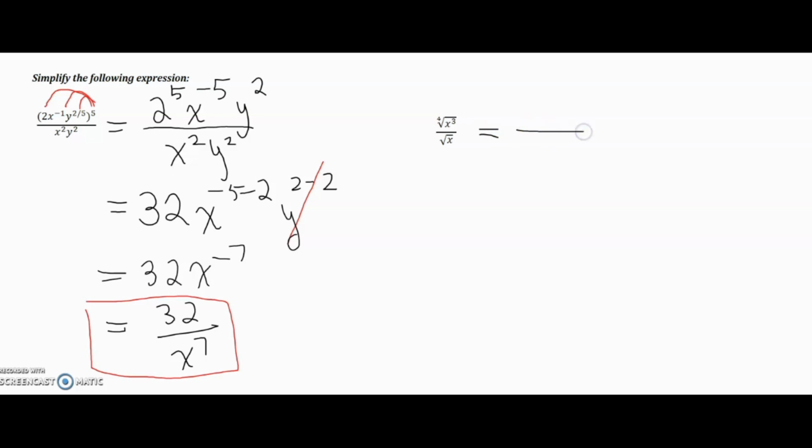So for my numerator, the fourth root of x cubed, I can write down x to the 3/4 power. And on the bottom, I have x to the 1/2 power. Well, I'm going to treat it the same way that I did the x in the previous problem. So I get x to the 3/4 minus 1/2.